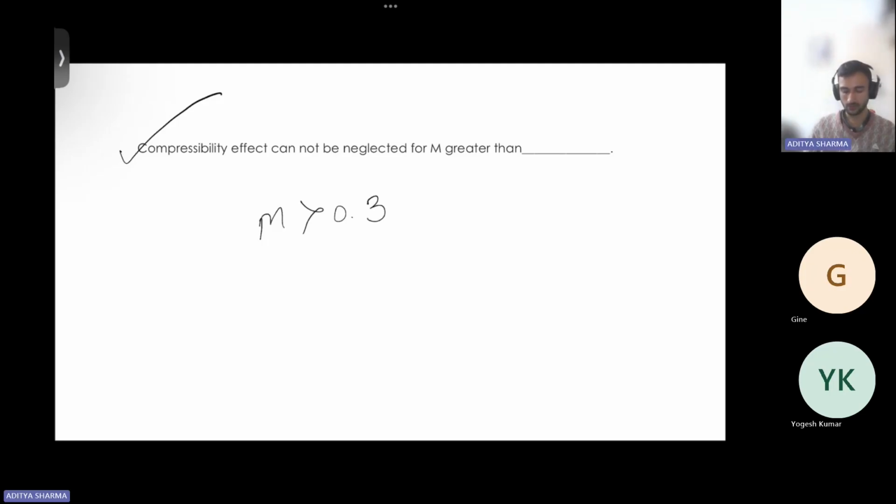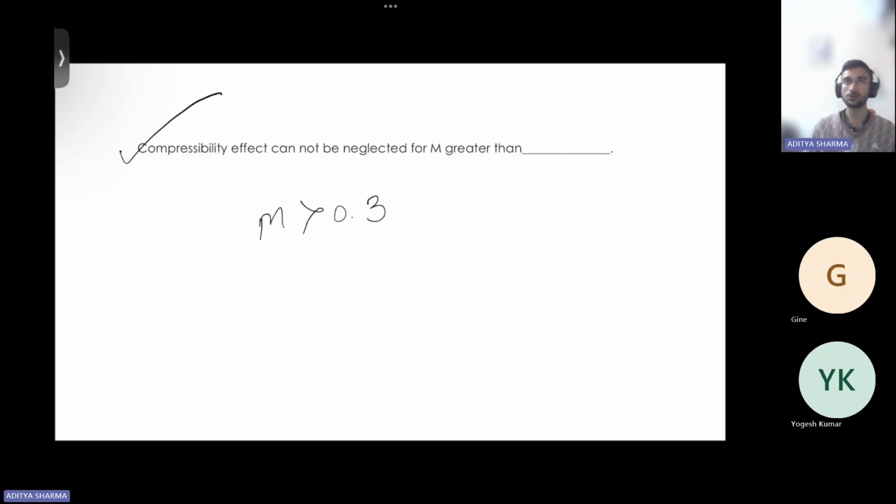This is factual, but you should know it, because we are studying compressibility, and you must know the value of the Mach number beyond which the compressibility of the flows cannot be neglected.